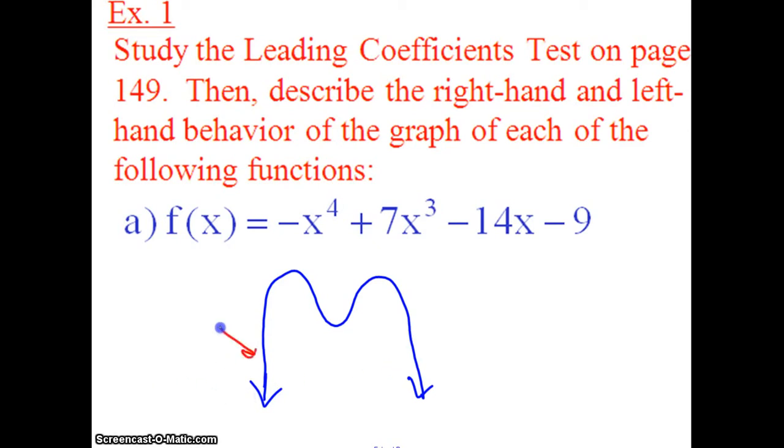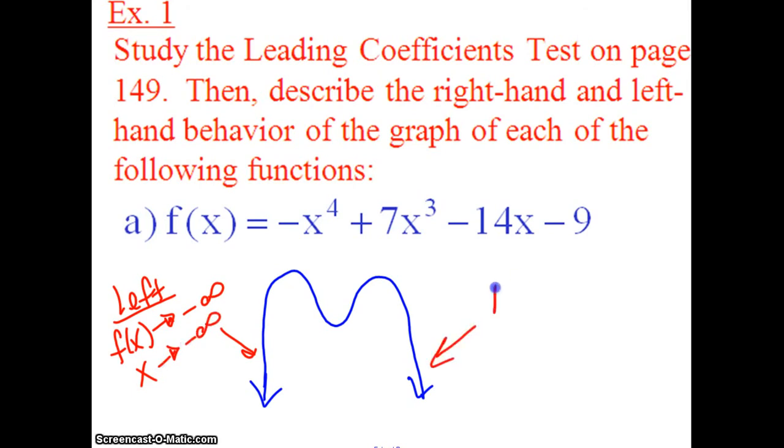So on the left side, what's going on? Your function is going down as x is going to the left, because you're talking about the left. What about the right side? Your function is going where? Down. And since you're talking about the right, your x is going to the right, to positive infinity.